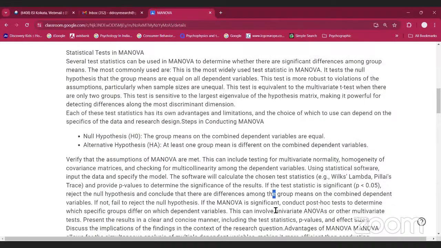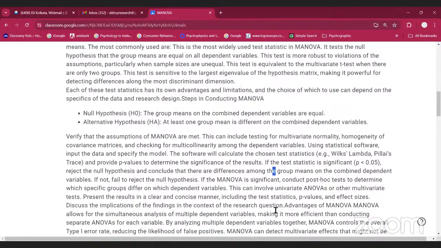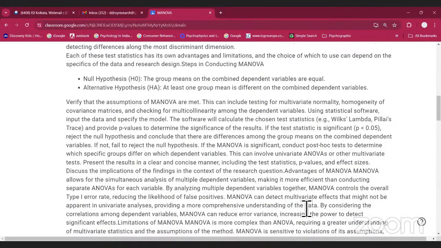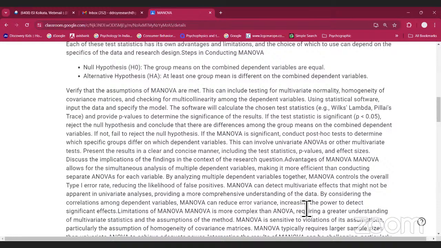Present the results in a clear and concise manner, including the test statistics, p-value, and effect size. Discuss the implications of the findings in the context of the research question. Advantages of MANOVA.